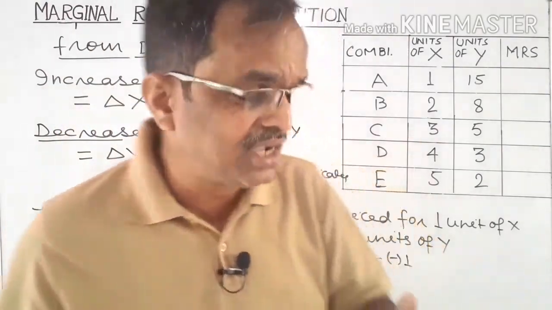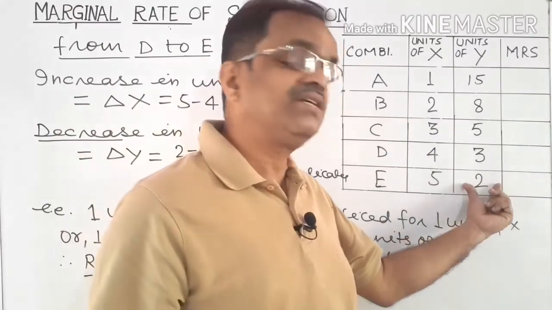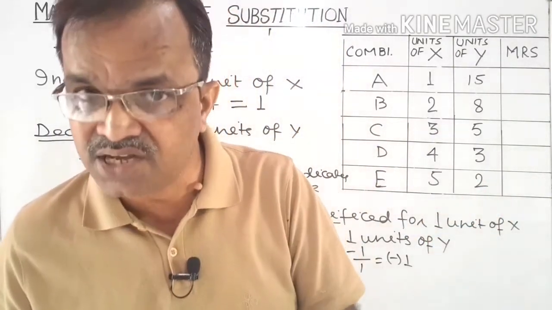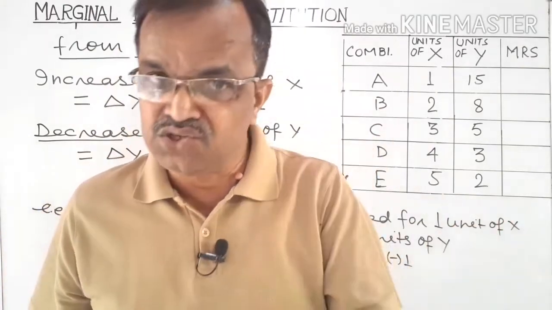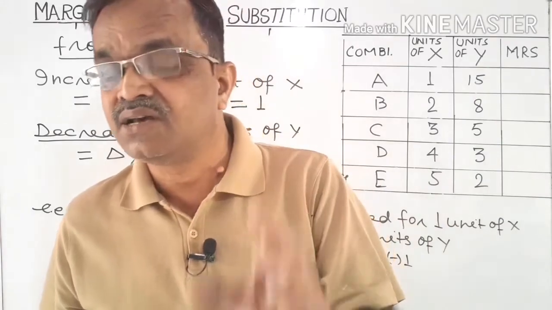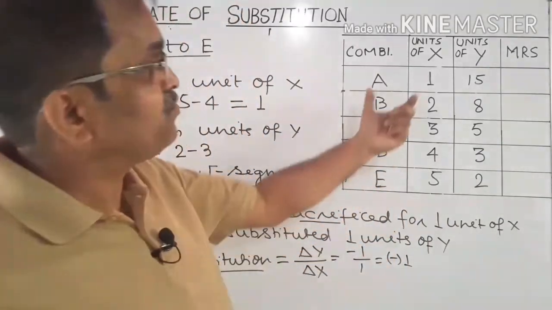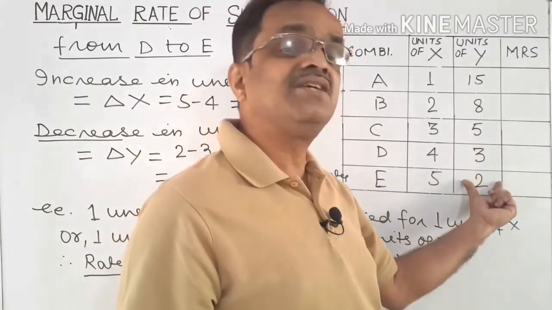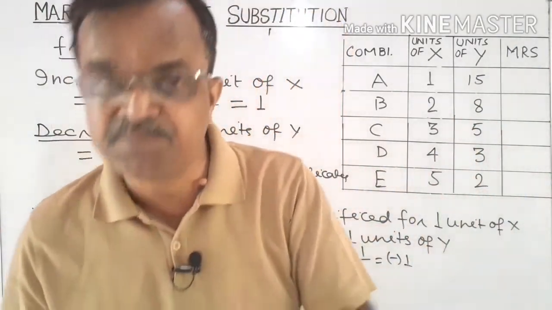This rate at which some units of commodity Y are sacrificed for every unit of X by the consumer, and the consumer is willing to sacrifice, this rate is termed as marginal rate of substitution. Actually, what is the situation? These units of commodity Y sacrificed are the price paid.